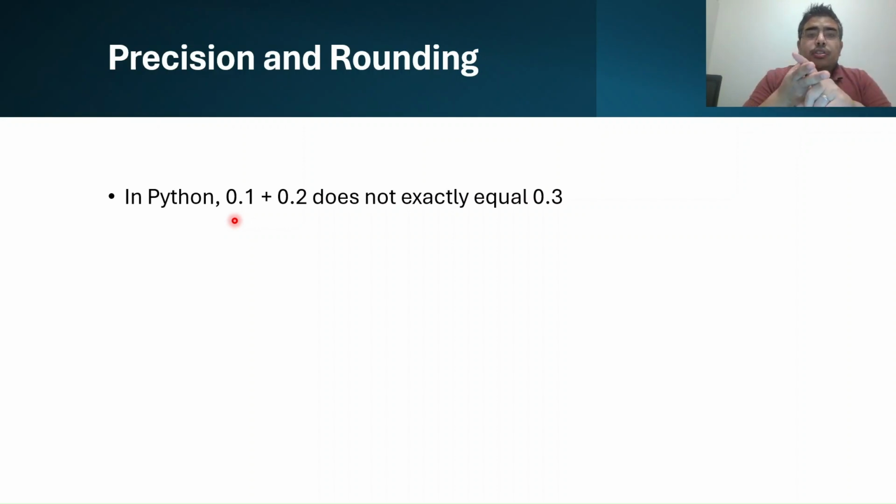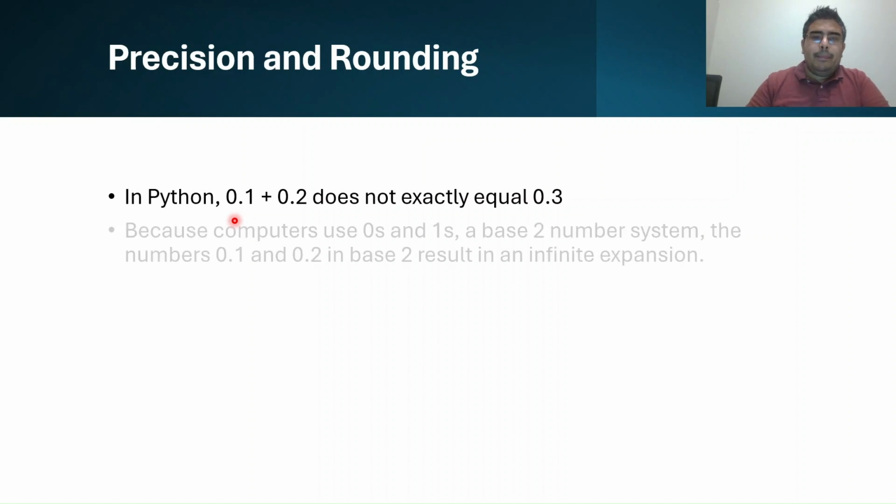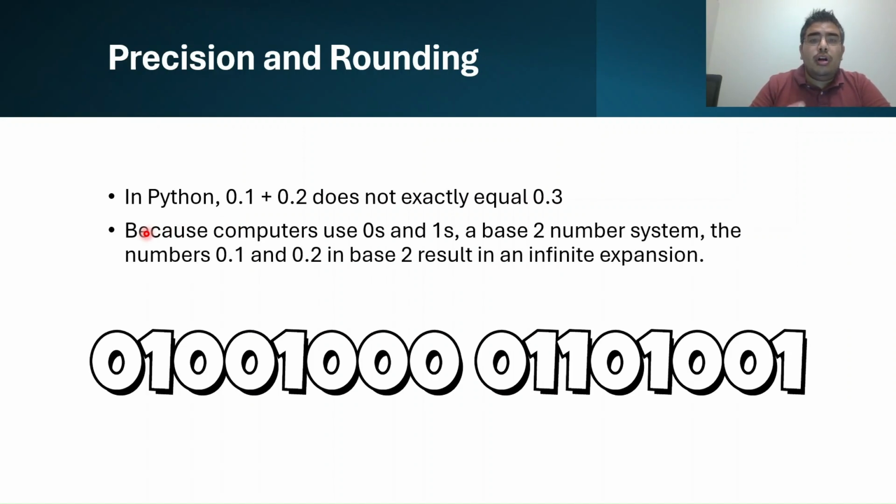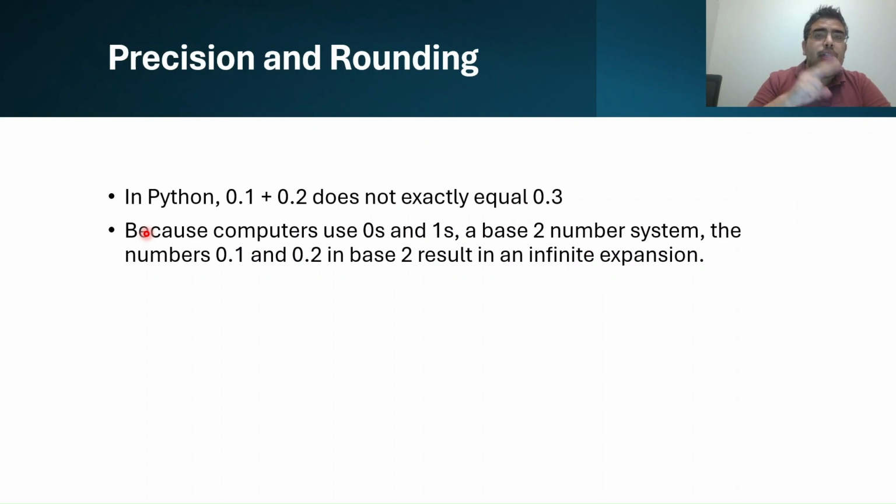This is because computers use zeros and ones, on and off. They use a base 2 number system. This is really important, because the numbers 0.1 and 0.2 in the base 2 number system result in an infinite expansion. It's an infinite number of zeros and ones to denote 0.1 and 0.2.